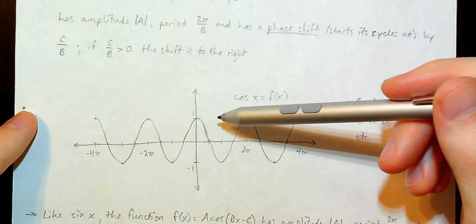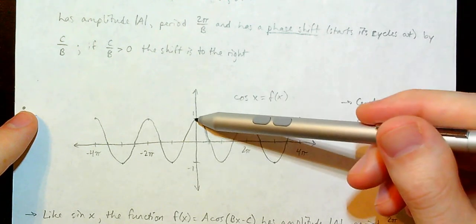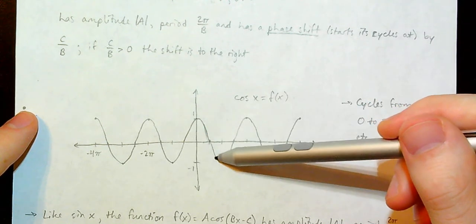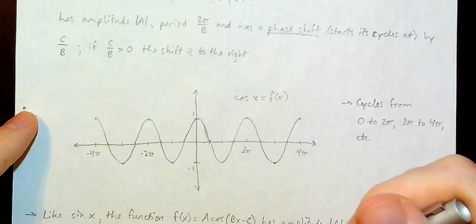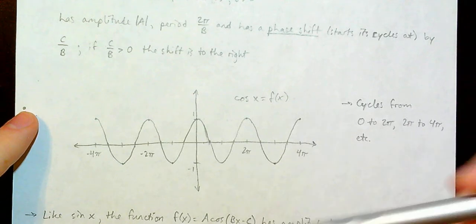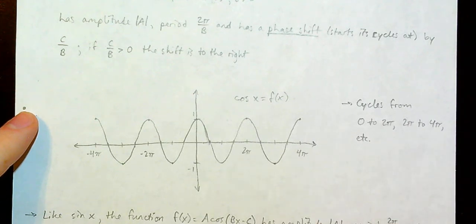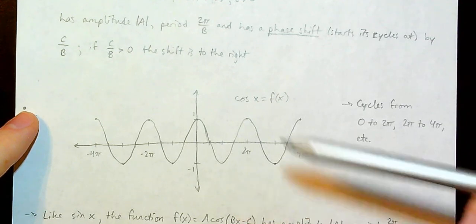Again, the cycles do start at 0. We start at +1, go down to 0, down to -1, back up to 0, and then back up to +1. That sequence, that cycle of values, again, happening over an interval of length 2 pi.